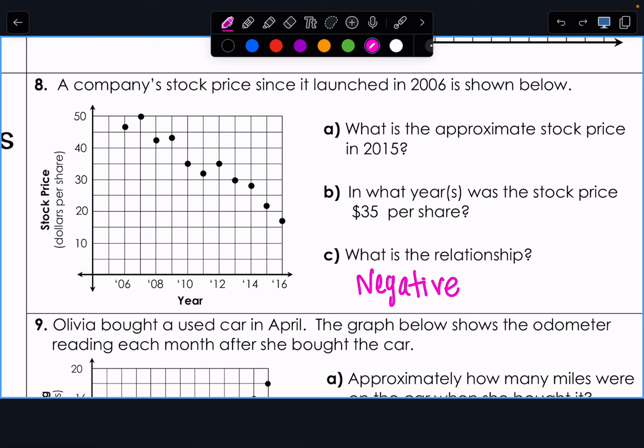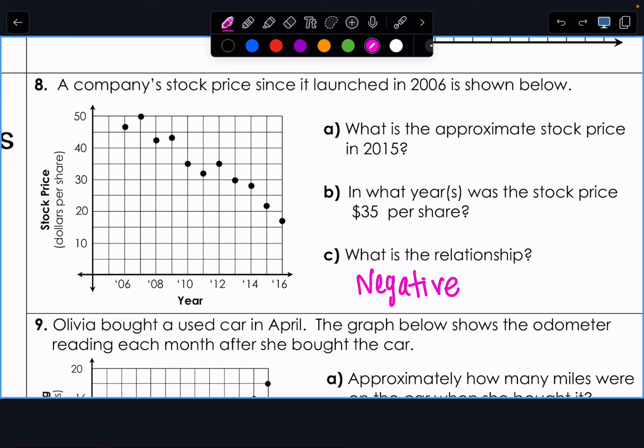Now, I want you to notice that down here on the x-axis, it's the year. So, I don't see anything right here. What is right here? 07. What would be right here? 011, he says.